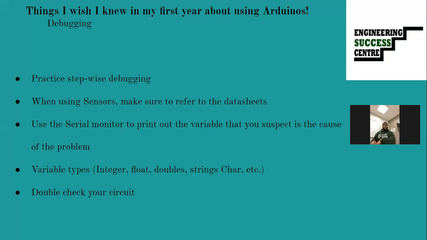I don't know all the types, but it would be worthwhile to look into what variable type would best fit what you need that variable to do. An integer, for instance, is best used for something that's just going to be round, like whole numbers. Like if you're getting a value of 1, 2, 3, 4, 5, or something else, but it's an integer, you can use integer as your variable type for that variable.